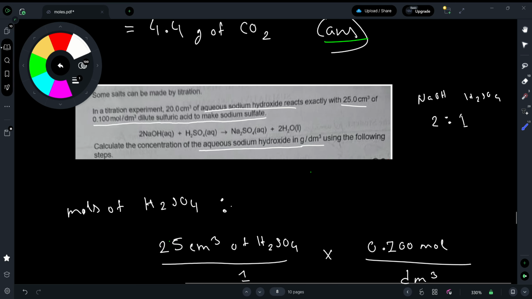We don't need to write moles here, but I just wrote it. First things first, we can't cross 25 with dm cube because cm cube and dm cube are not in the same unit.